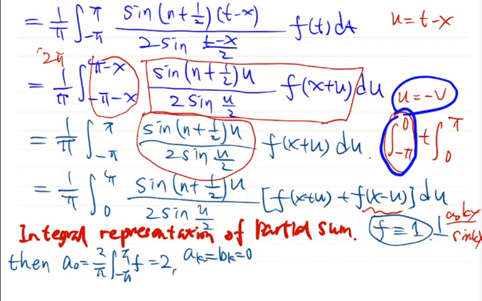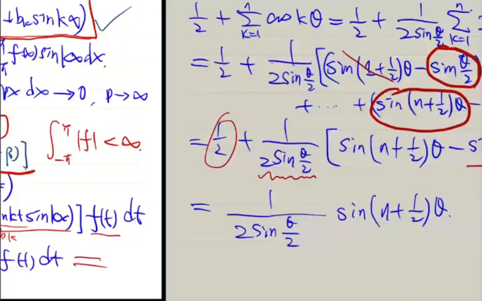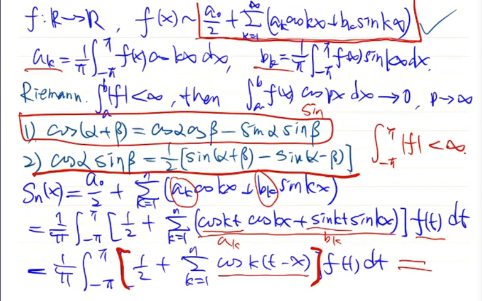So the other ak and the bk are 0. So a0 is 2. So our Sn in this Fourier series, Sn is just a0 over 2. The other ak bk are 0 for f equal to 1. Okay, so the left hand side is a0 over 2, that is 1.